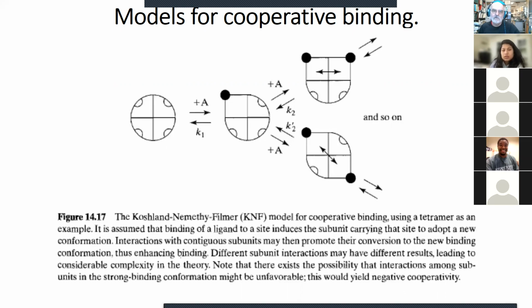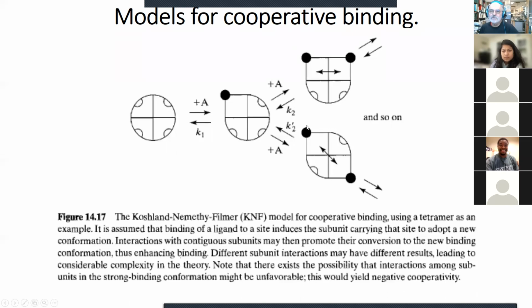The Koshland-Nemethy-Filmer model allowed negative cooperativity. But this model involves tertiary structure. So if a ligand binds, there's a local conformational change. And when a second ligand binds, there's a local conformational change, et cetera. It can bind to multiple sites, and you have the same pathway issues and the same N choose K microstates that you have to deal with.